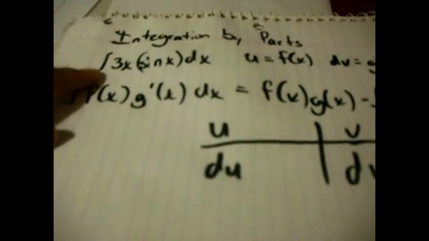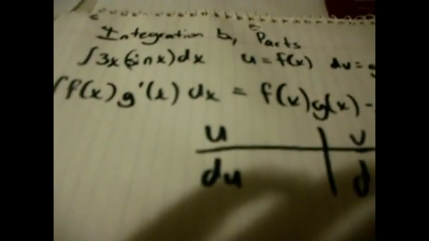For u, you use LIATE to figure out which one's u and which one's dv. The acronym stands for logs, inverse, trig functions, algebraic functions, and exponents.